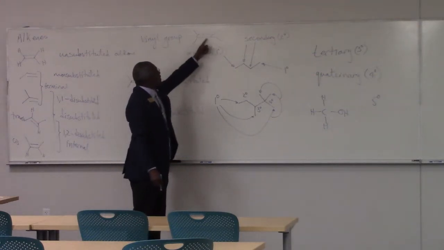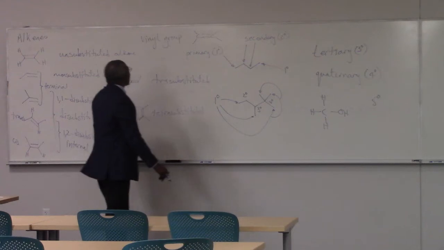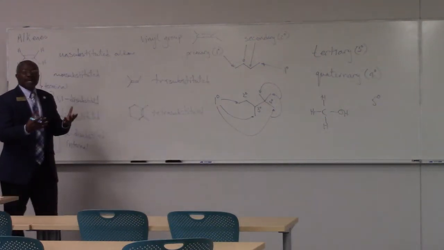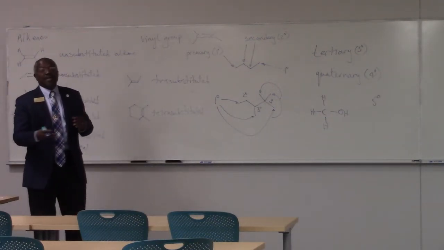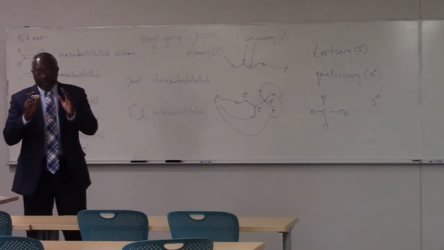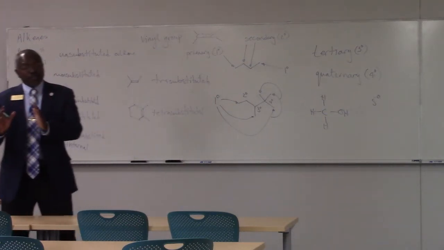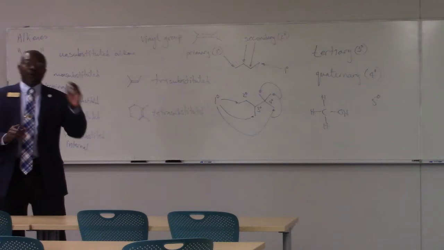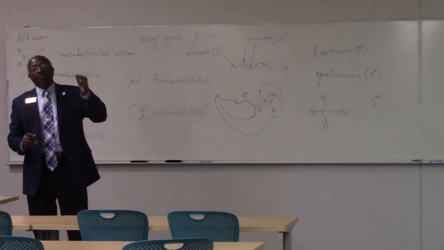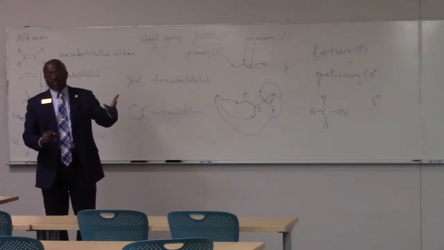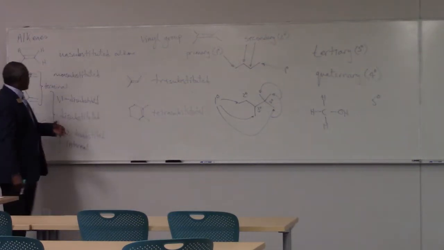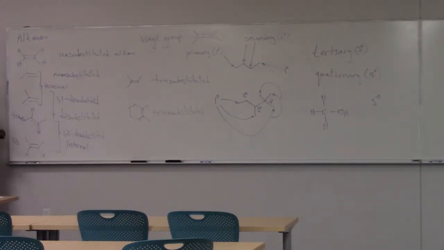So these are vinylic carbons, okay? And there are ways in which we can subcategorize alkenes. They can be terminal or internal. They can be unsubstituted, monosubstituted, di, tri, tetra. And the dies can be either 1,1 or 1,2, and the 1,2 cis or trans.